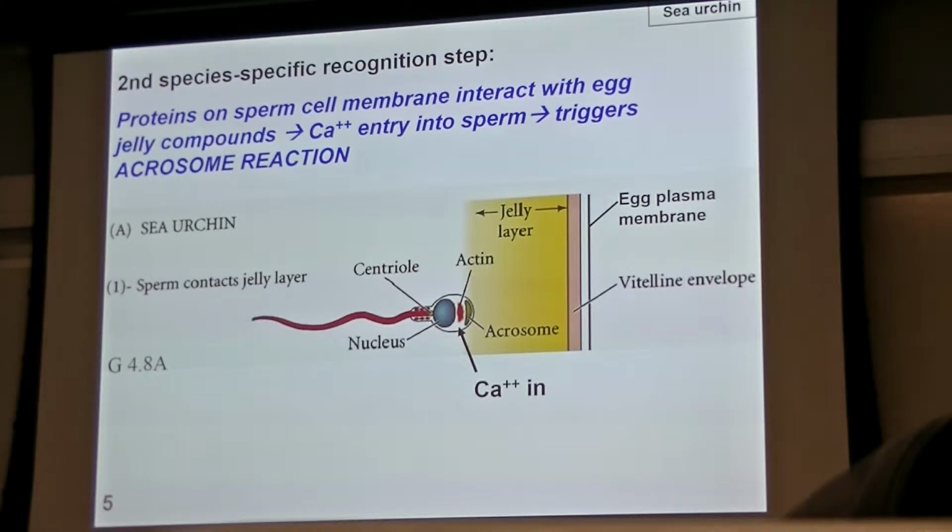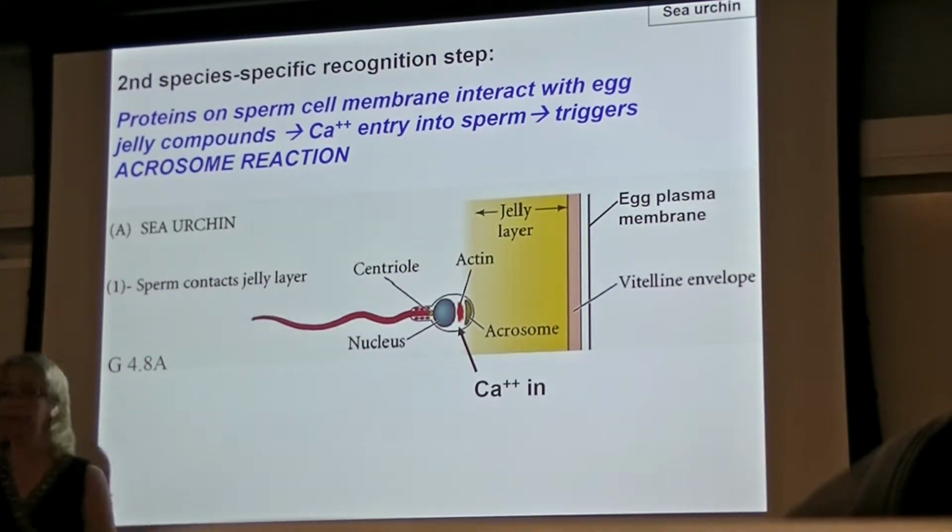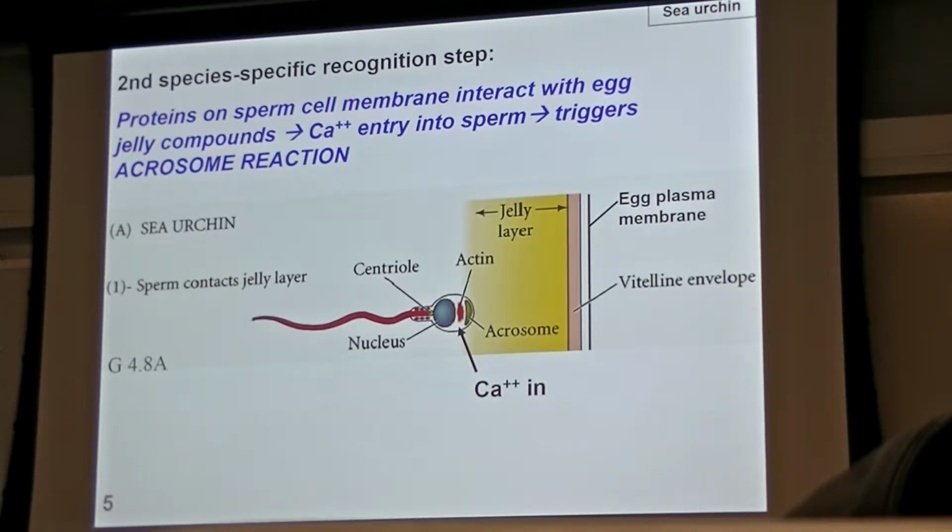Okay, so what happens here is when the sperm contacts the jelly layer, this sets in motion a series of events that will change the morphology of the sperm. Compounds present in the jelly layer are going to trigger calcium ions to enter into the sperm cell.